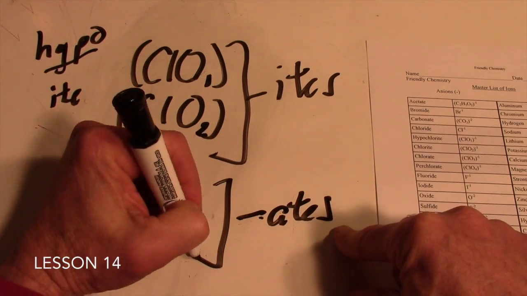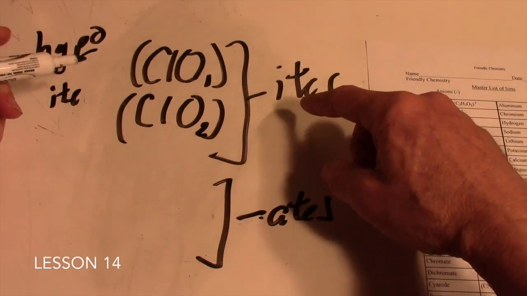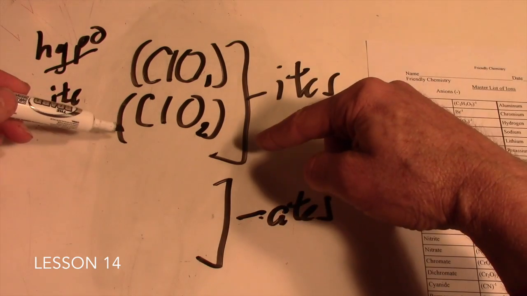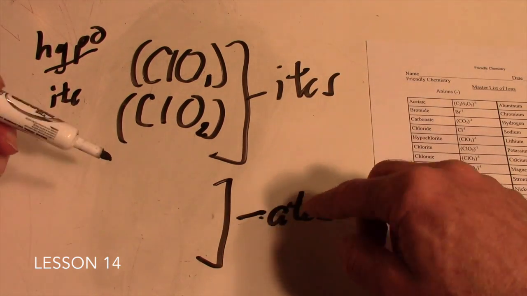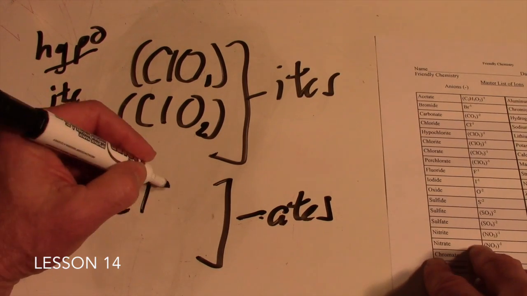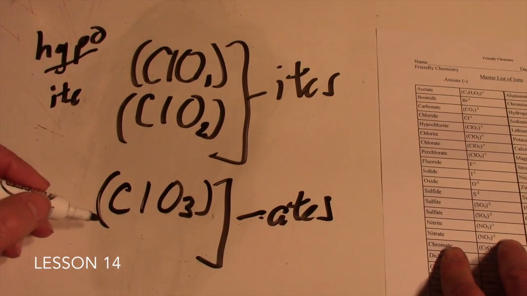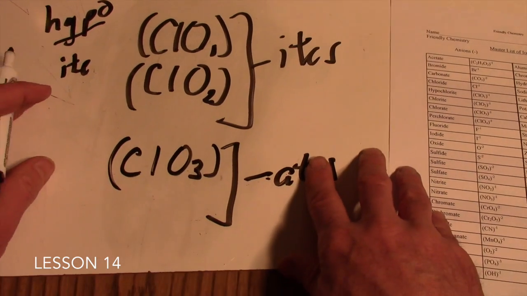There's 2 of those that end in ate. So we've got hypo is the lowest, hypochlorite, then just plain old chlorite. Then we've got chlorate next. So it's going to be ClO3. These are parentheses again. This is chlorate. And then we have perchlorate.